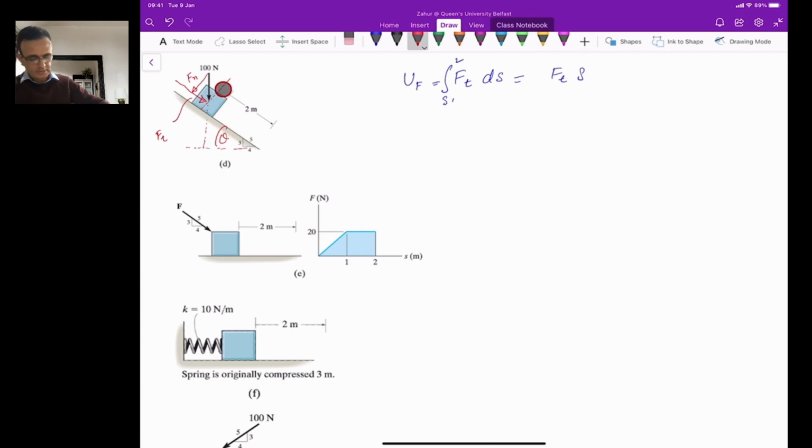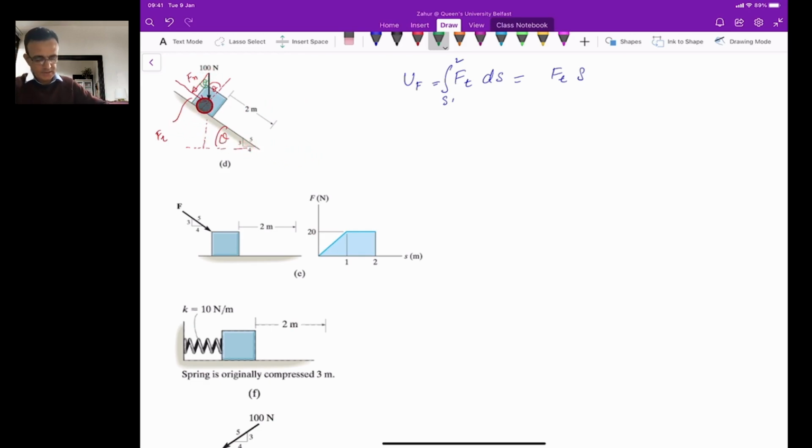If you draw this triangle like this, and this is our angle theta, then this vertical line is perpendicular to this line here, and this one is perpendicular to this line here. So this means that this angle is also theta. This is our angle theta here.